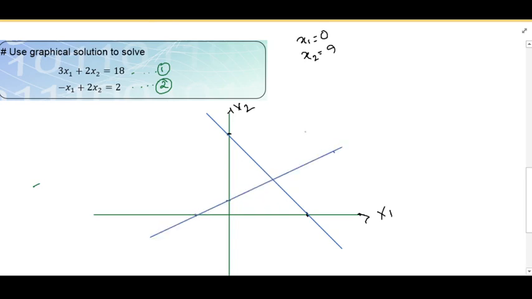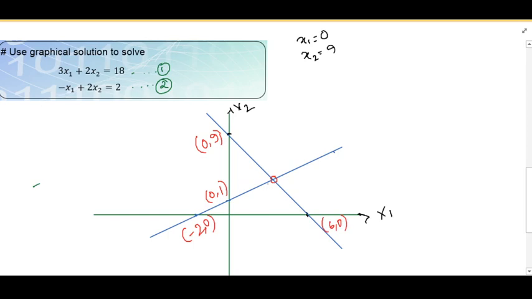And these two straight lines obviously will be intersecting at a point. That is our point of concern. As we have said, this was 0 comma 9, this was 0 comma 1, this was minus 2 comma 0, and this was 6 comma 0.